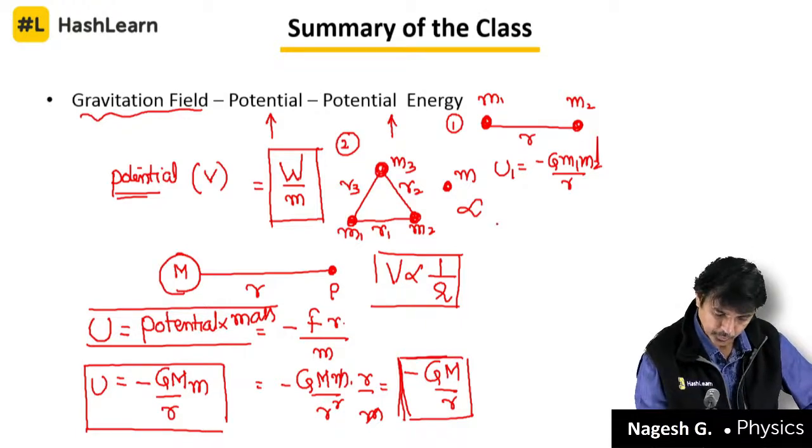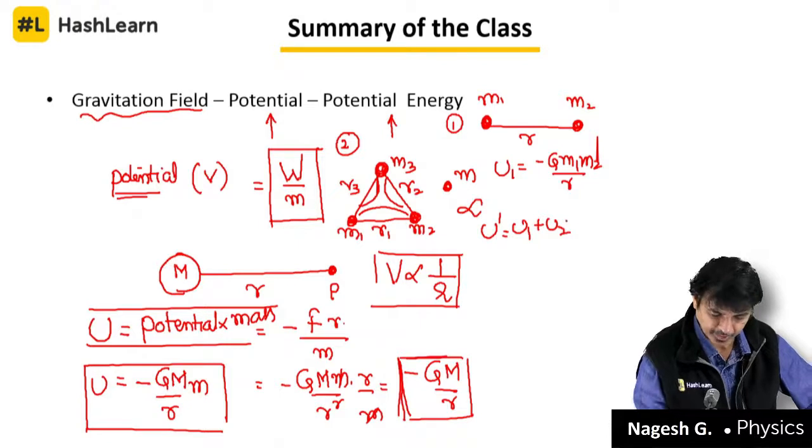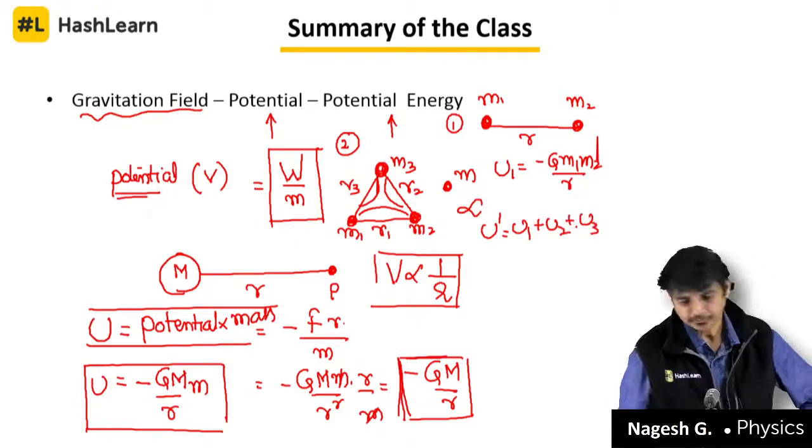Then total potential energy U dash: potential energy between m1 and m2 is U1, between m2 and m3 is U2, between m3 and m1 is U3.